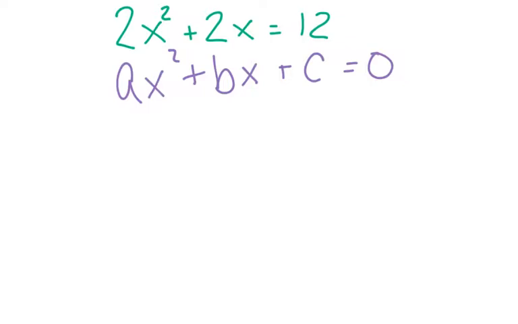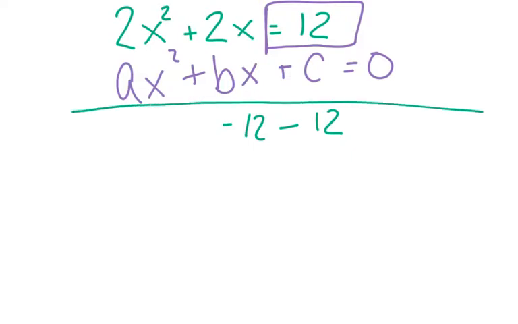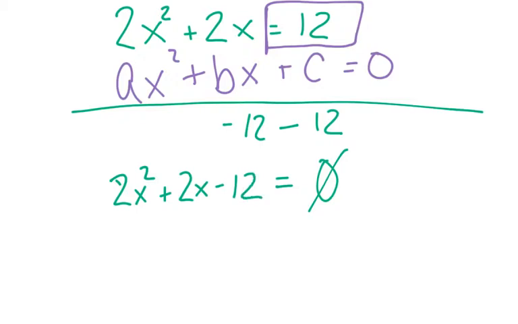So that means that I need to move this positive 12. Well, to do that, I'm going to subtract 12 from both sides. Okay? So bringing down everything, I'm going to have this equal to 0. I'm going to have 2x squared plus 2x minus 12.